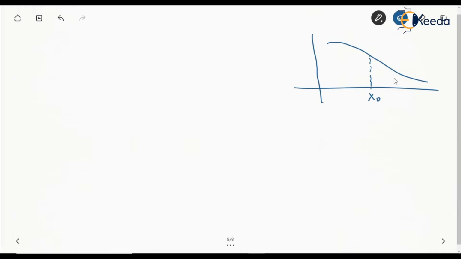So in the previous case we said it may or may not be defined at this point. This is x, this is f of x. But now it should be defined, and the left limit and the right limit should also be coming to the same value L when we are approaching x is equal to x naught from either the left hand side or the right hand side, right?